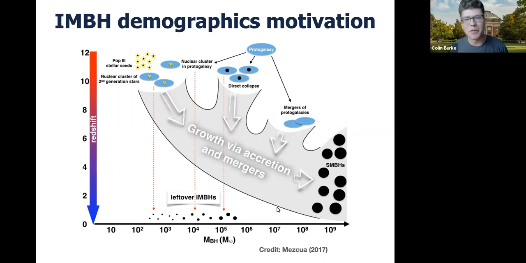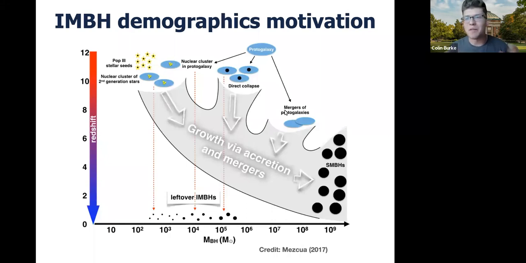And the basic picture is that we think that in order for supermassive black holes to have formed and come to occupy nearly every massive galaxy in the local universe, they need to have been grown by accretion and mergers, but they need to have been seeded probably at higher redshifts by a smaller black hole, an intermediate mass black hole.